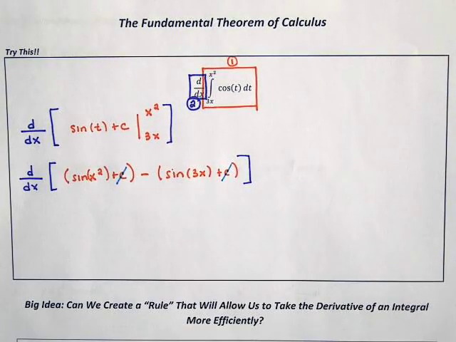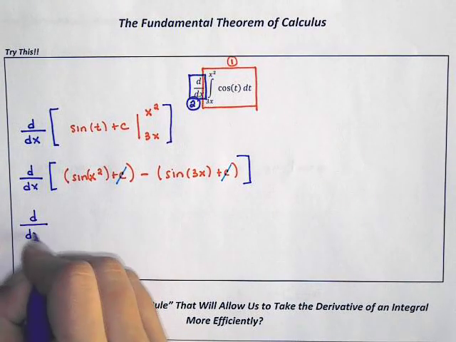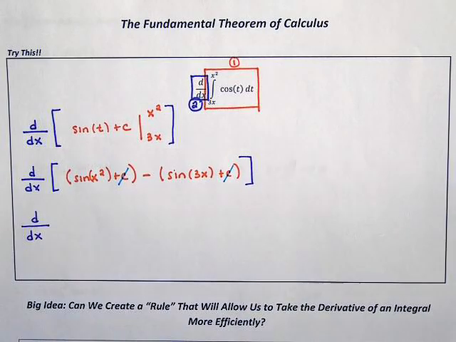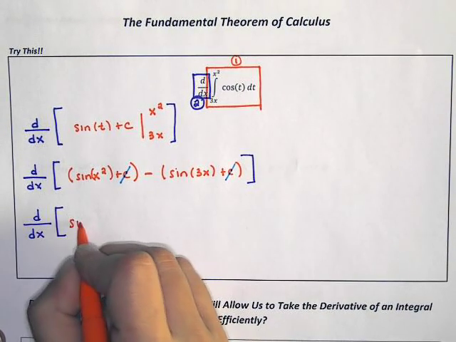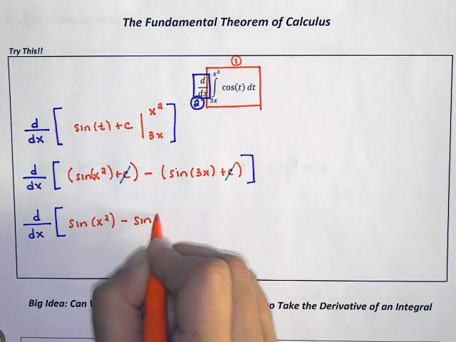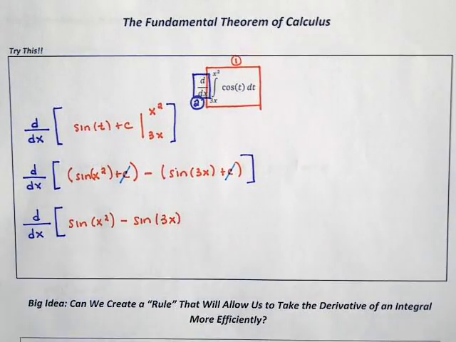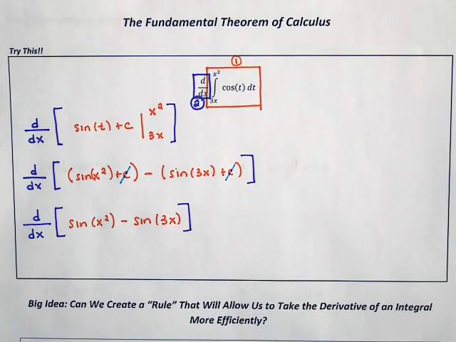So what we're really going to end up with is that the next step would be to take the derivative with respect to x of sine of x squared minus sine of 3x. So now let's do that part. When we take the derivative of this, we're just going to take the derivative of each one of these terms one at a time.